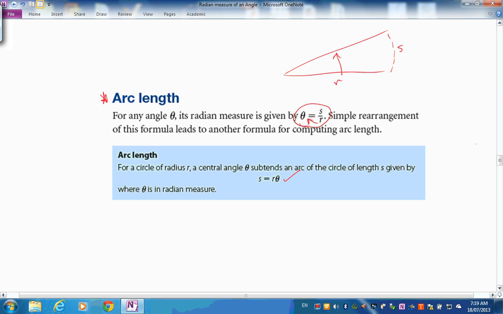But theta must be in radian measure, of course, and that's the whole purpose of this unit. Wouldn't it be nice if we have a connection between the amount of opening and arc length and radius? So we can use this directly to find the arc length, just remembering theta can't be in degrees there, it must be in this ratio arc length over radius.